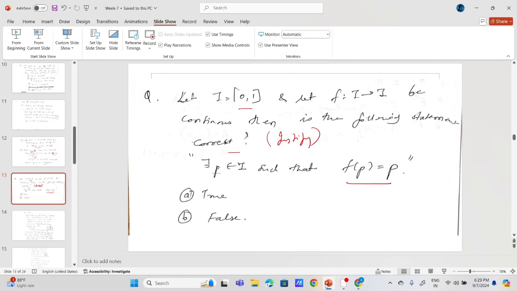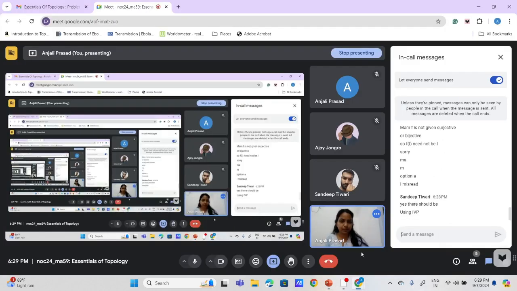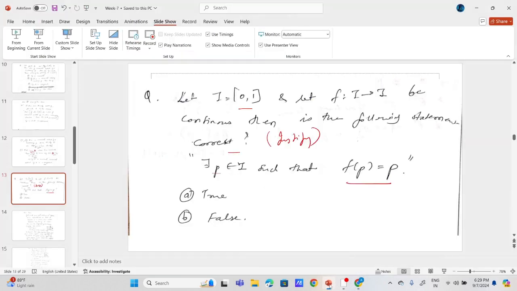Using IVP, what are you getting? And what about proving it in topological terms, using the terms in topological spaces? How will you proceed?